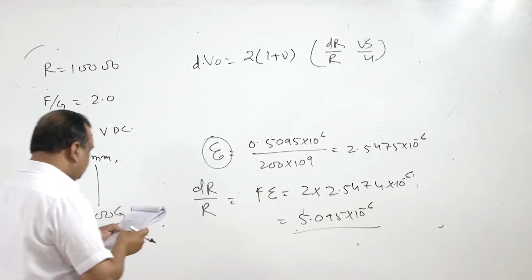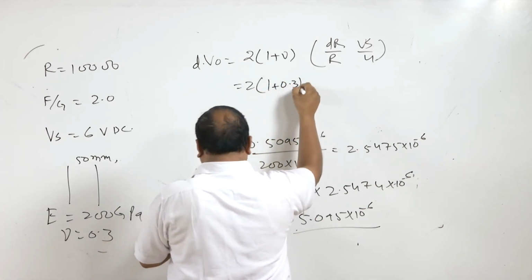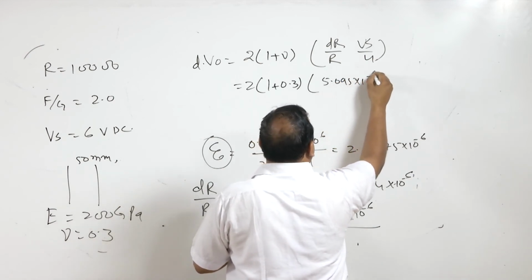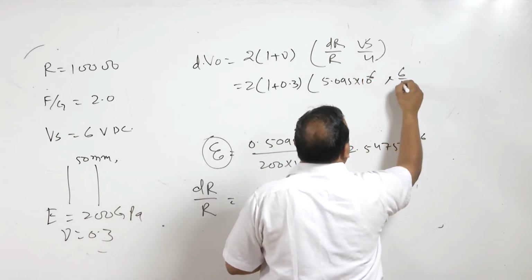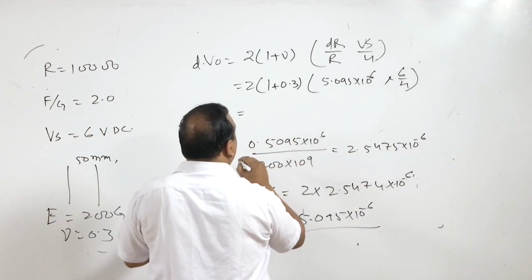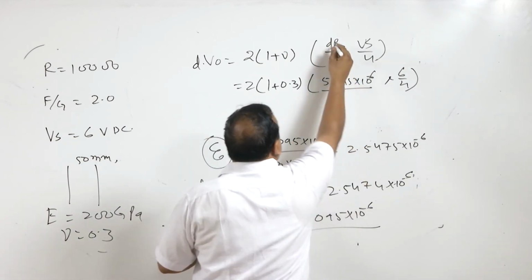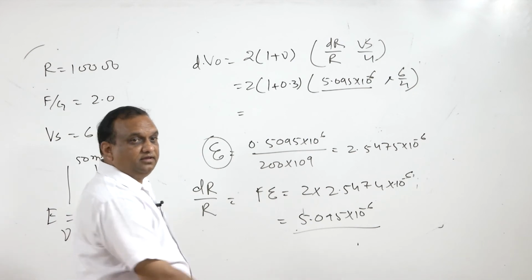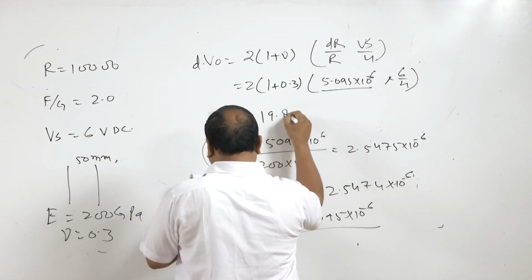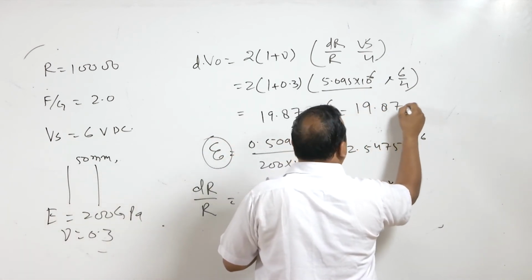Okay, and that is going to be equal to 2 into (1 plus 0.3), 5.095 into 10 to power minus 6 into 6 by 4, divided by, this is dR by R. So it is equal to 19.87 into 10 to power minus 6, or 19.87 microvolt.